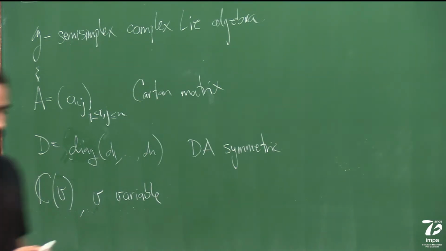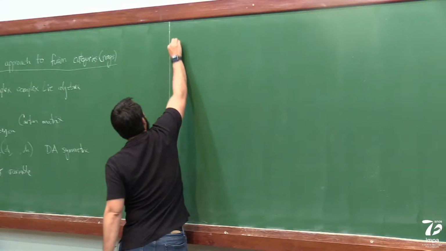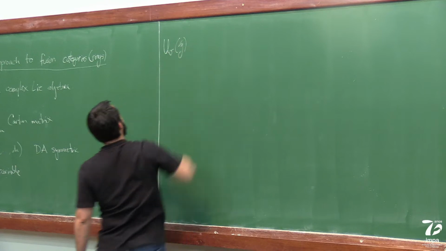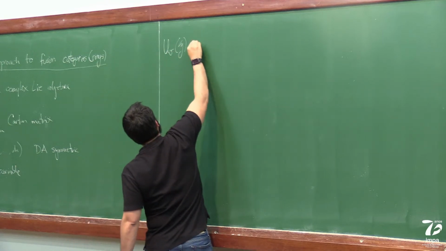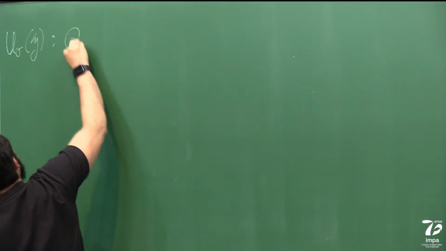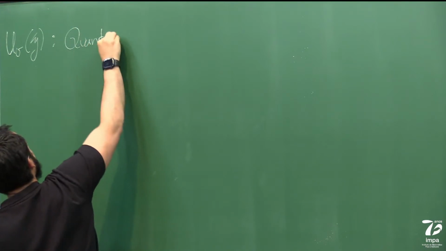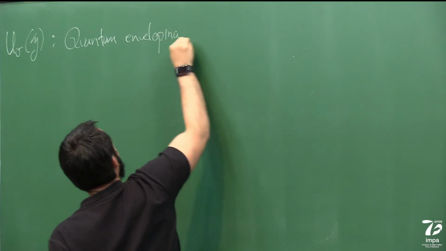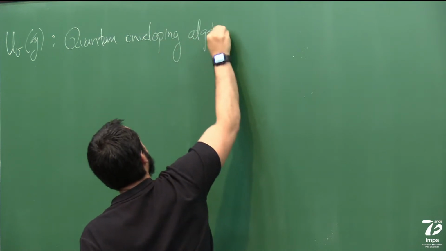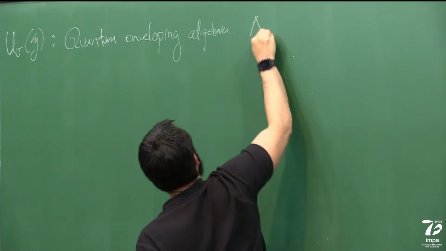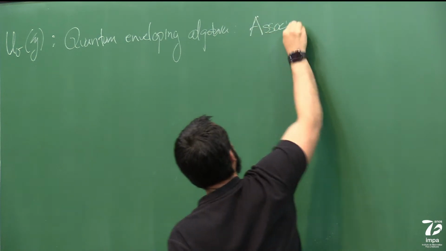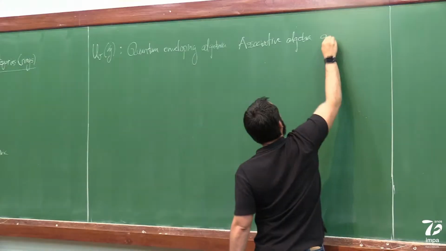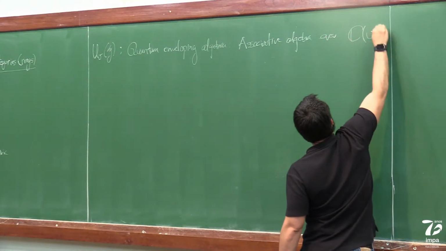So the main object I'm going to work with, which I denote like this, is what is called the quantum group or quantum enveloping algebra. And what is this? This is an associative algebra over these rings of rational functions.